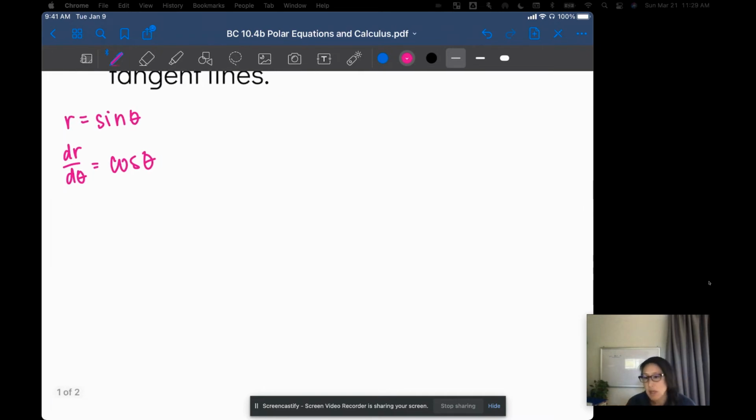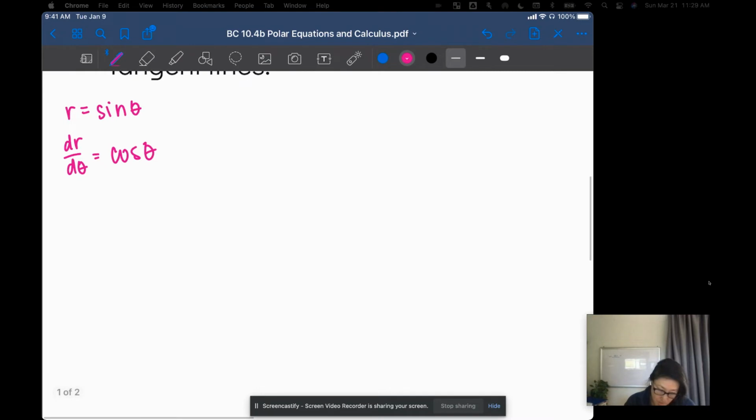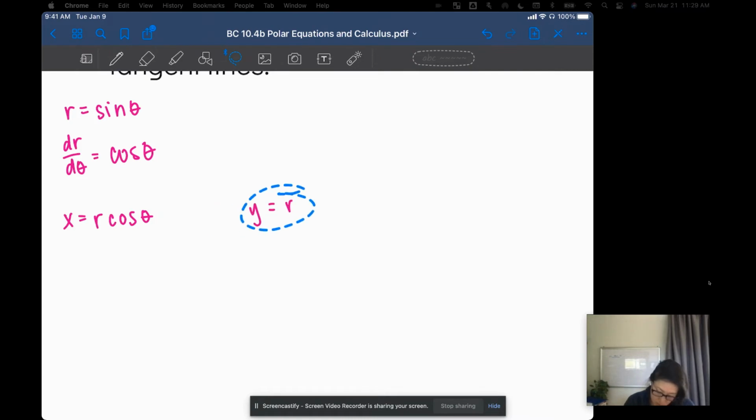All right, let's say you don't remember the equation for the derivative. What I can do is write my equation parametrically. So I know that x in a polar equation is equal to r times the cosine of theta, and y is equal to r sine theta.